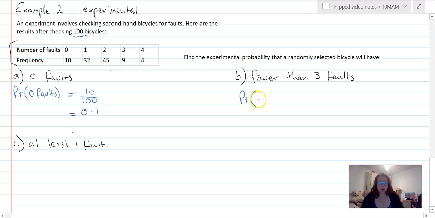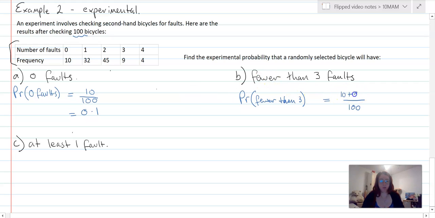Our probability of fewer than 3. Now, we know it's still going to be out of 100, but fewer than 3 means that there can be 0, 1, or 2. So we have to look at the 0, 1, and 2 columns in our table.